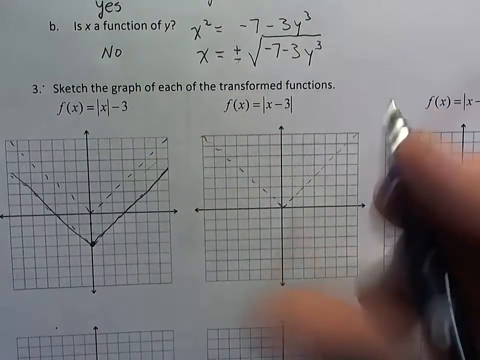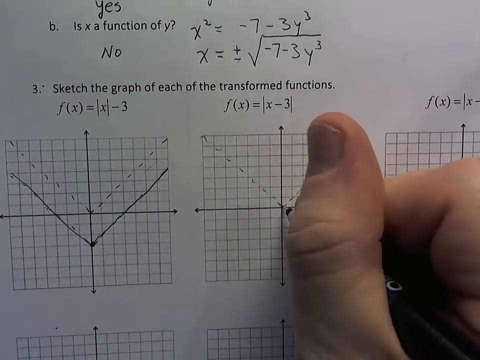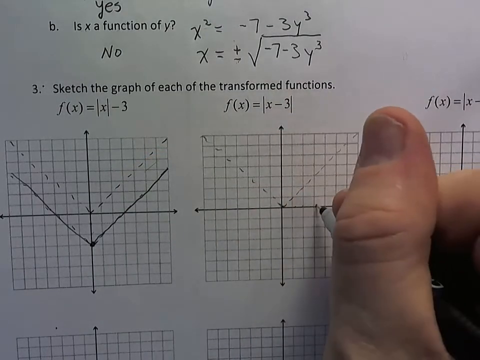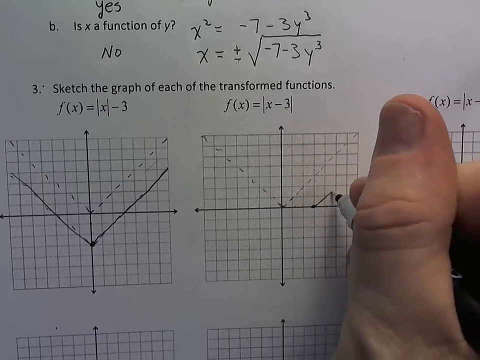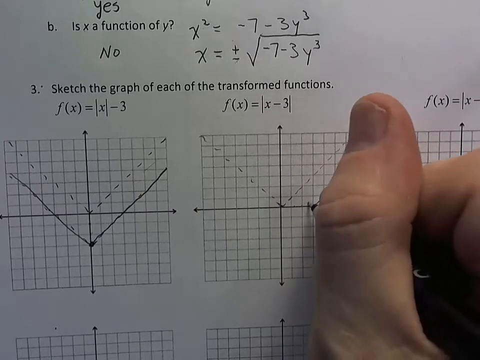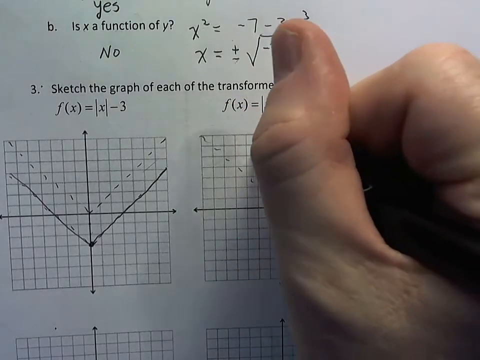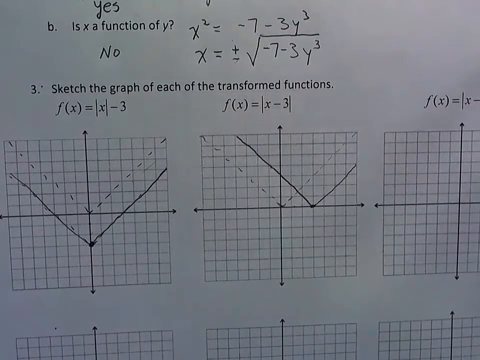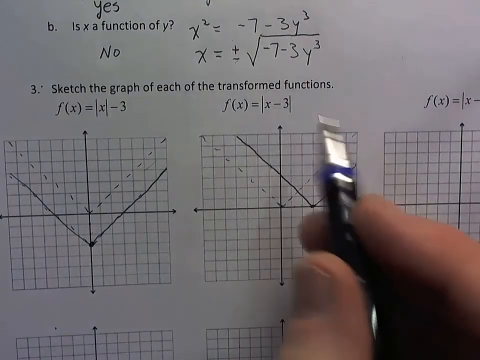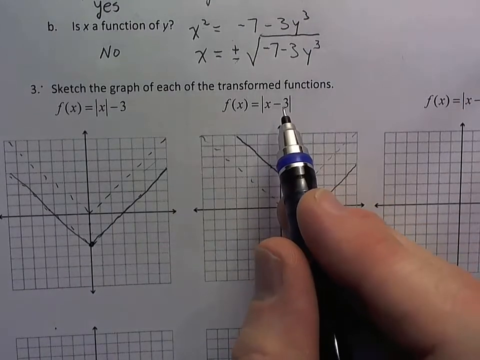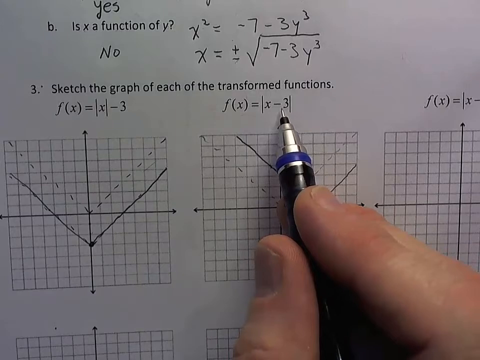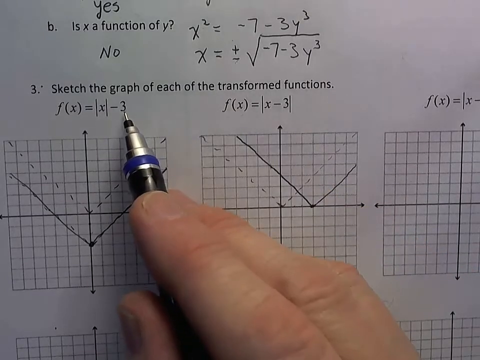We're shifting to the right. So this point right here goes 1, 2, 3 over here. And then we can just sketch. There we go. So like that. And what this does, remember, this adds 3 to every x. This subtracts 3 from every y.